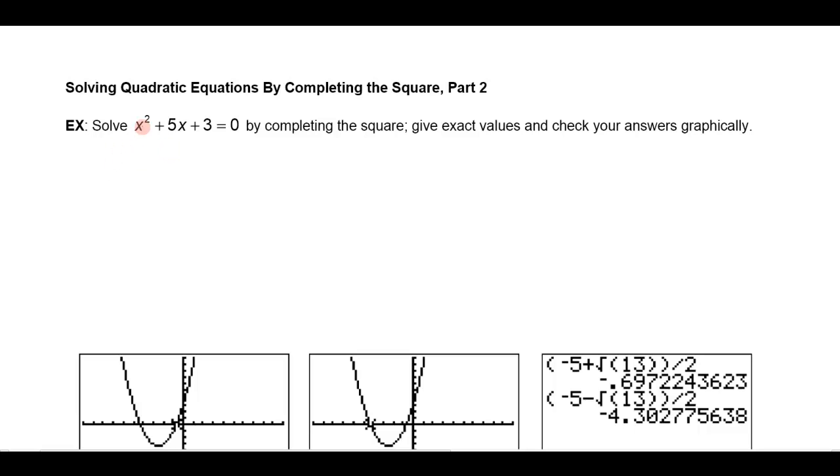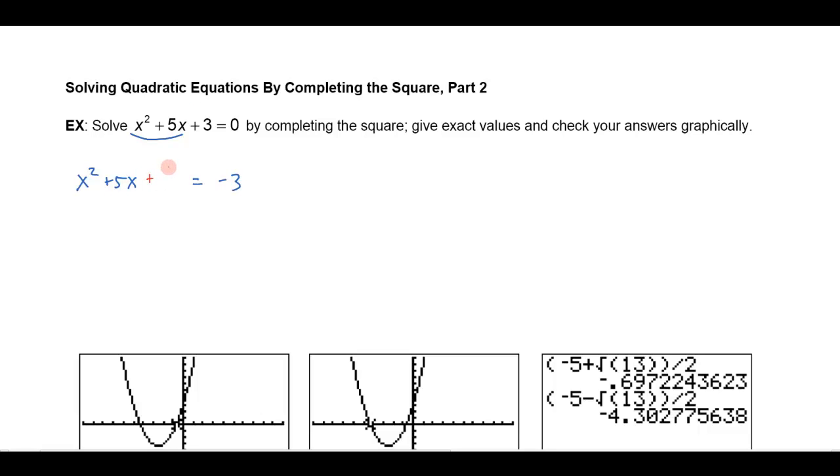Okay, so if you remember from that first lesson, what I need to do when I complete the square is group the first two terms together, x squared plus 5x, and this is the part that I complete the square on. So I'm going to take the 3 over on the other side of the equation, and then to complete the square take half of the middle term.